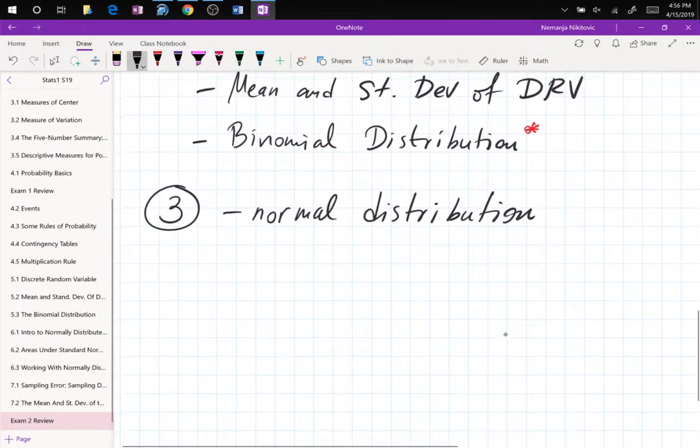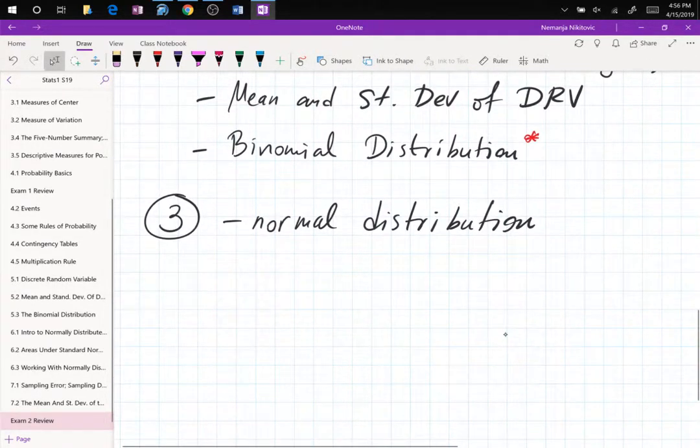For normal distribution, the first lecture was just assessing normality and talking about the bell-shaped curve and making sure that the data that you have is distributed that way. So the first lecture was just making sure that you have the data that you are supposed to look at. And then after that, we moved into working with these.